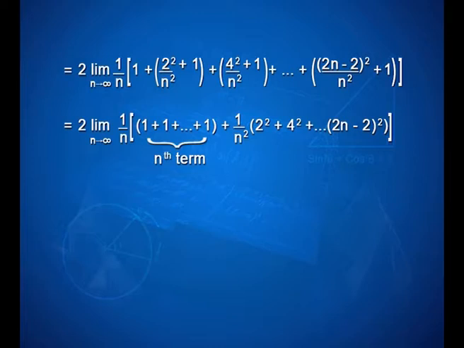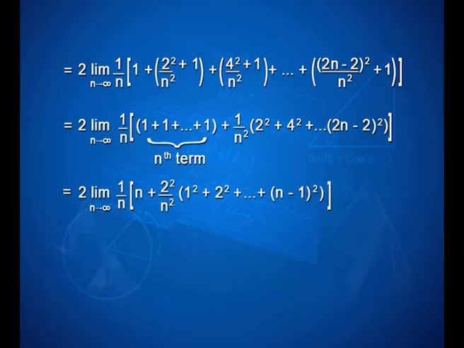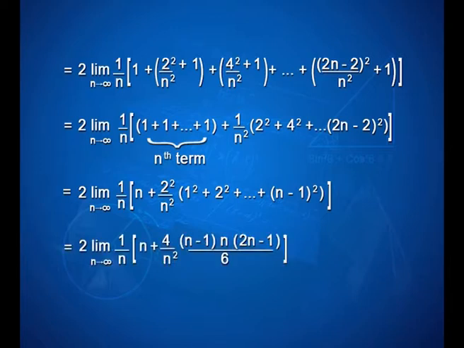And we get 2 into limit n tends to infinity 1 upon n into [(1 plus 1 till n terms) plus 1 upon n square into (2 square plus 4 square and so on, plus (2n minus 2) whole square)], which can be written as 2 into limit n tends to infinity 1 upon n into [n plus (2 square upon n square) into (1 square plus 2 square and so on, plus (n minus 1) whole square)] is equal to 2 into limit n tends to infinity 1 upon n into [n plus (4 upon n square) into ((n minus 1) into n into (2n minus 1) upon 6)].